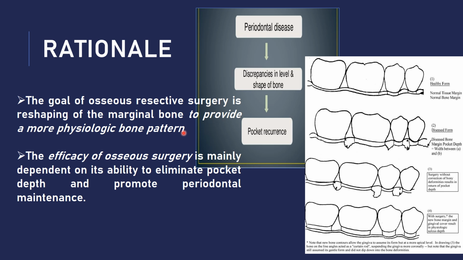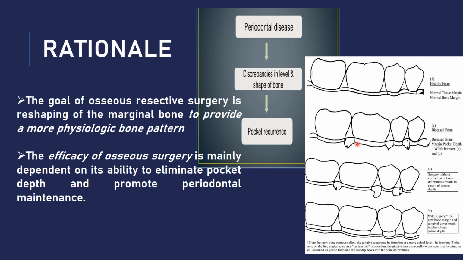So the elimination of soft tissue pockets alone will not help to remove the pocket fully or to eliminate the disease fully. So we need to combine this procedure with osseous reshaping and elimination of osseous craters and angular bone defects to establish and maintain shallow pockets and also an optimal gingival contour.